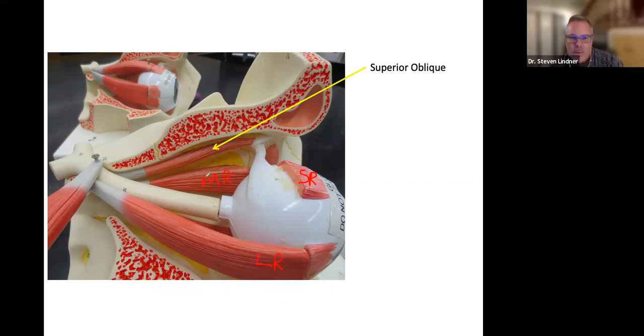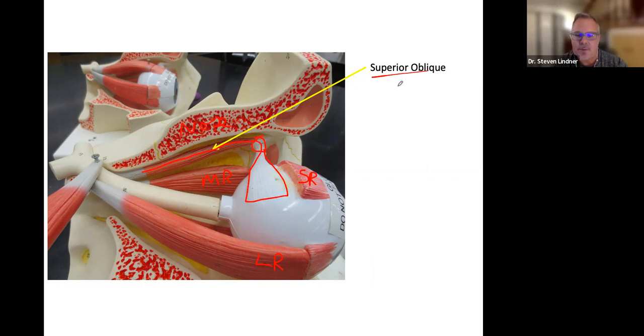And now we're looking from lateral to medial because here's the nose. And right here is the superior oblique. So we can see it coming up this way, and then it goes through this tunnel called a trochlear. It loops around and attaches like that. That's the superior oblique.